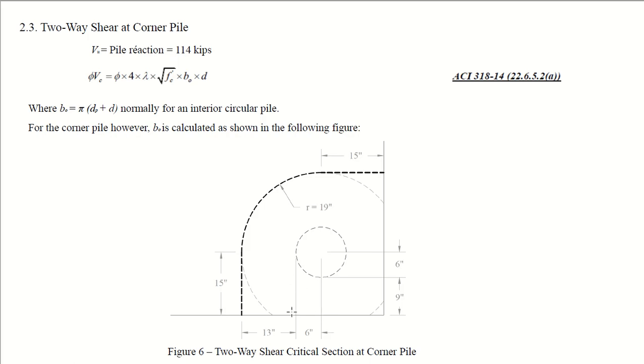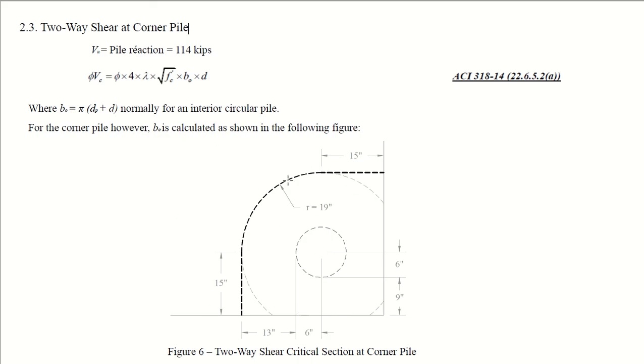Similarly, in this direction, this is 6 inches. Now take this 6 inches plus this 13 inches, so 13 plus 6 comes out to be 19 inches. So you can draw a circle of radius 19 inches. See, this is the center of the circle, and you can draw this circle like this.